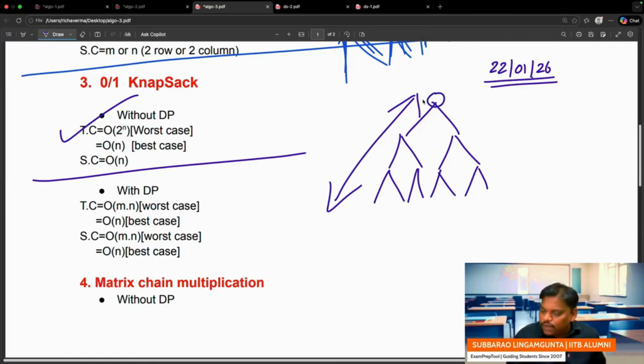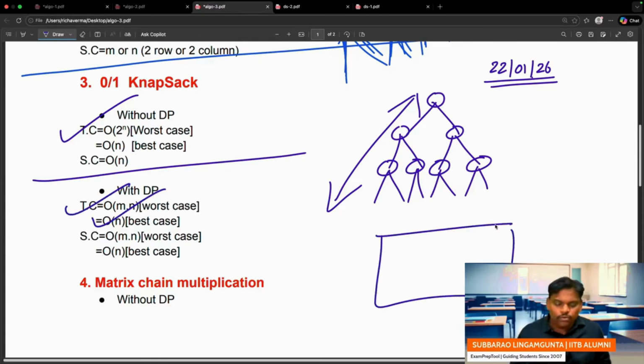So in the tree, everywhere those two parameters will come into the picture. What is the capacity of the knapsack? How many objects are there? Based on that only. So time complexity, if you see, order of Mn, worst case. Best case is the same, everywhere one possibility. Space complexity, you have to manage one table, order of Mn, worst case. Best case, if you see the table, maybe something like this. Only one path you will go.